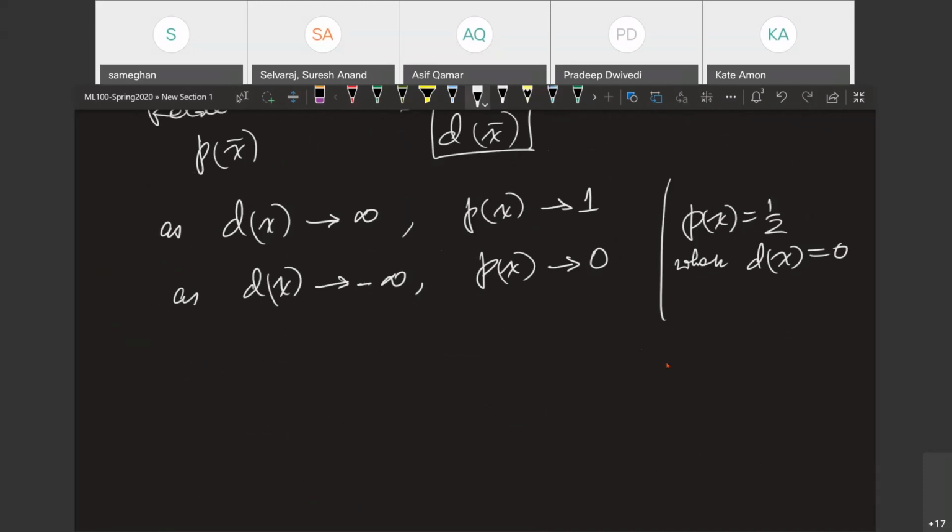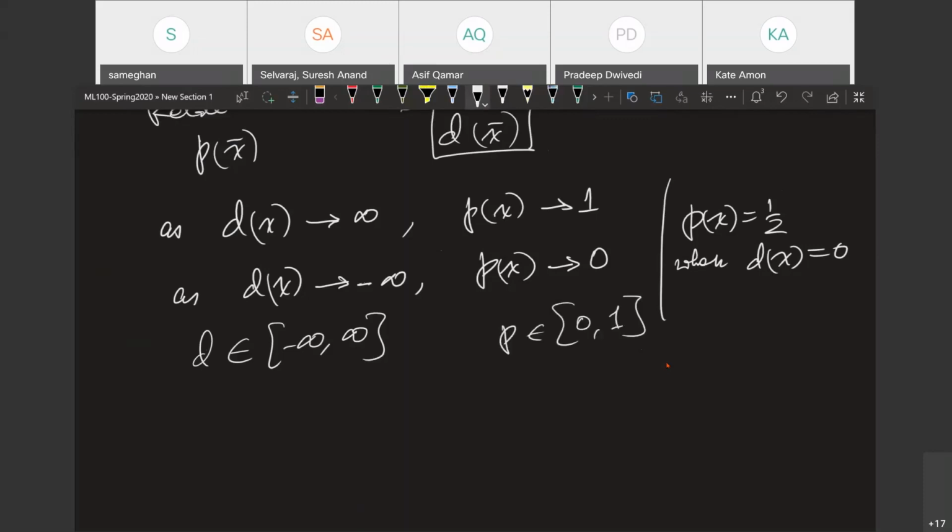Now we are going to think like people who are building up a classifier from scratch. How would you do that? You realize there's a problem. D belongs to the domain minus infinity to plus infinity. P belongs to the domain 0 to 1.